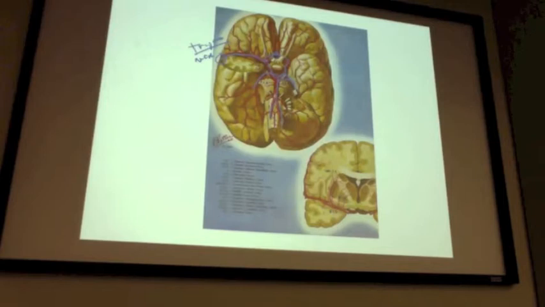Anywhere you get a right angle turn, you get turbulence, and because of that, that's a very favorite place for a blood clot to stick. And so the most common form of ischemic stroke is an embolus which blocks in the trigone of the middle cerebral artery. And that gives you a classic set of symptoms that we can look at in just a second. But you can see how these things are related to some of the other structures.